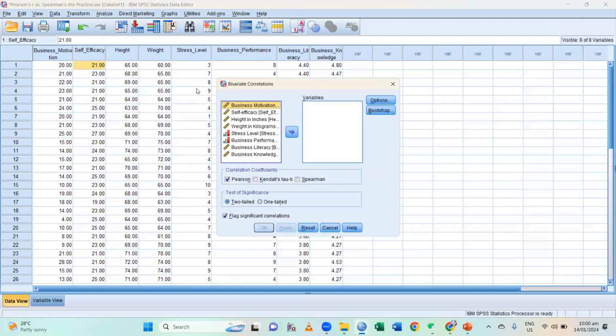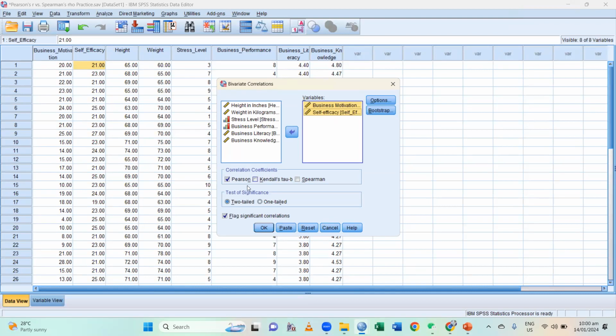Then click it. You could first click on one variable, then press the arrow, or you could simply have both selected, then press the arrow going to the variables section.